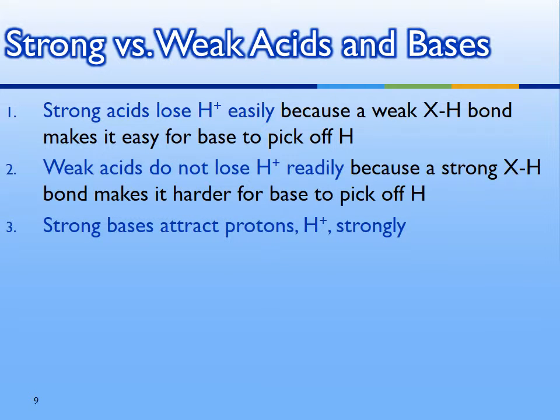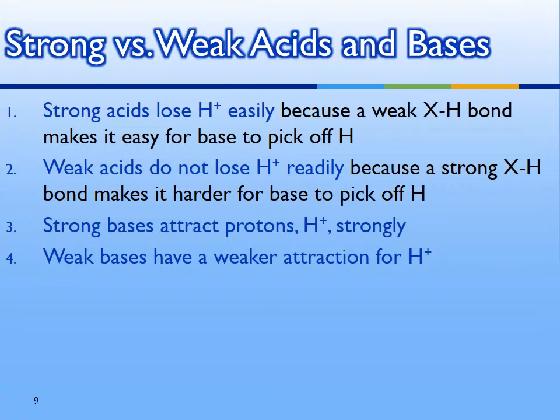On the other hand, strong bases are the ones that attract hydrogen ions strongly, and weak bases have a weaker attraction for hydrogen ions, of course, all in accordance with the Bronsted-Lowry theory.